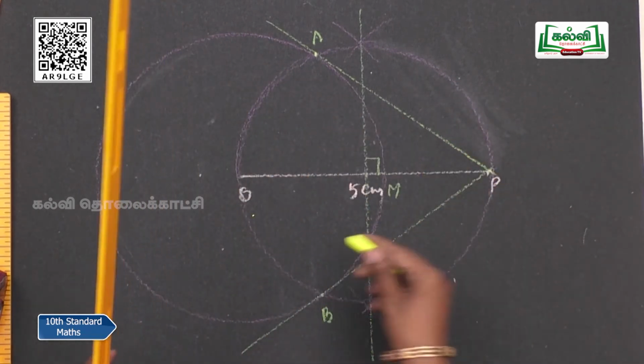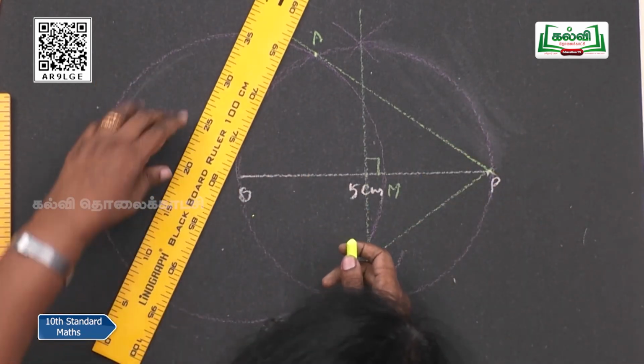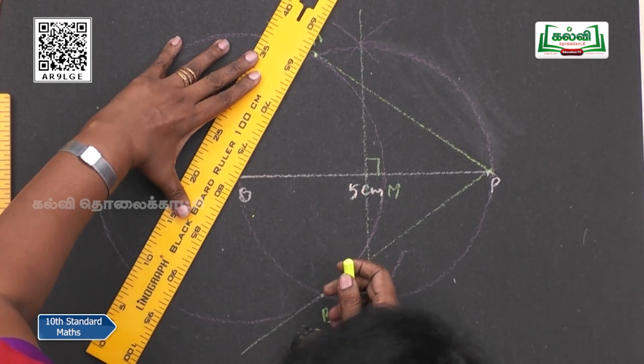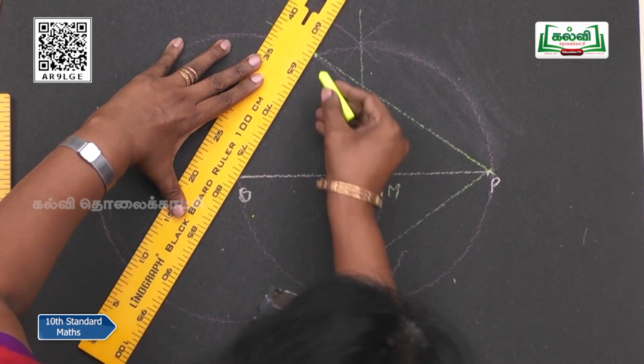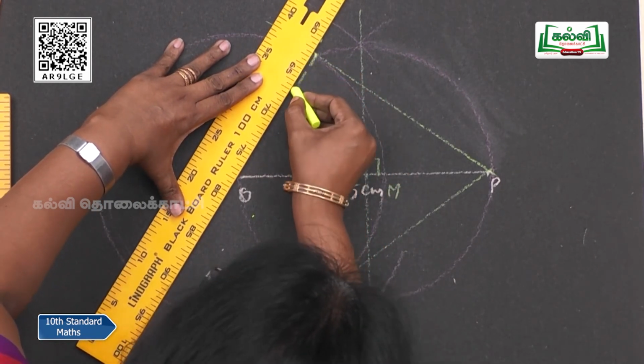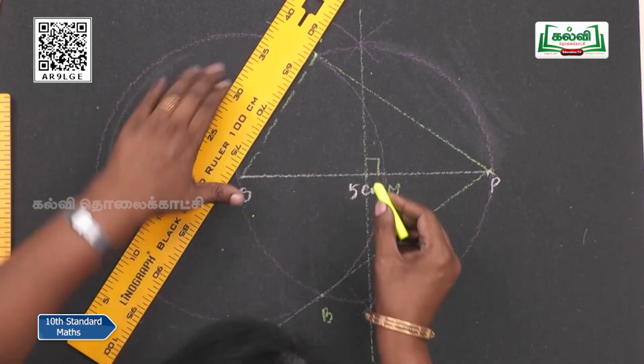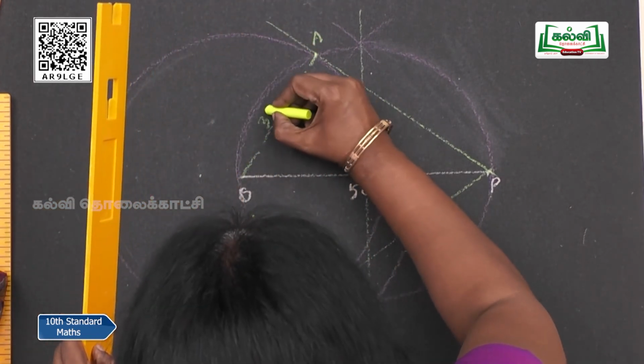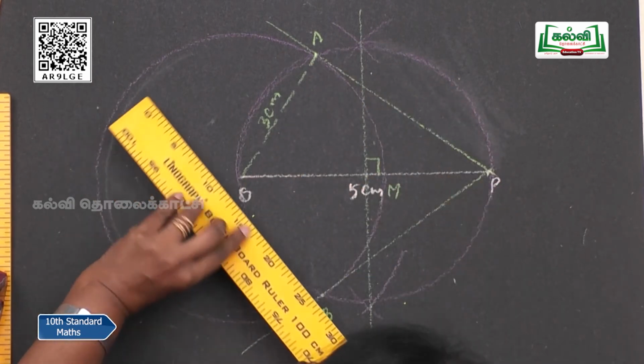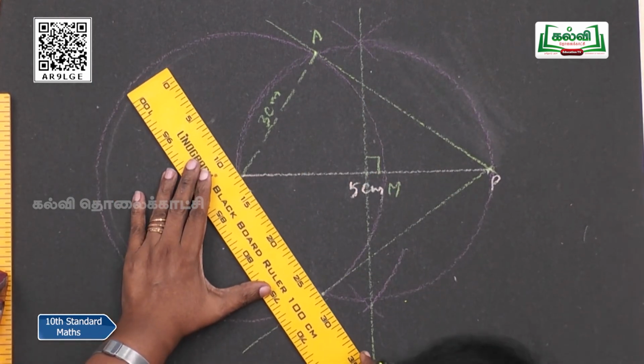Okay. Now, before that, we are going to draw that radius also. This is 3 centimeter, and here also this is 3 centimeter.